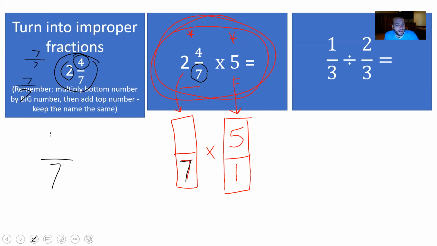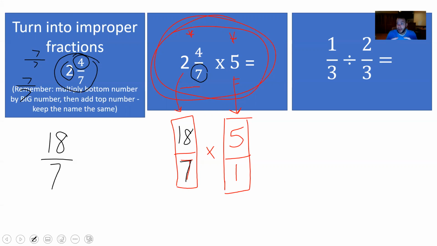So it's not 14, it's 18. So that's why on the first step, we figure out what 2 and 4 sevenths is, as if the entire thing was sevenths instead of having 2 wholes. So 18 sevenths is the same value, equal to 2 and 4 sevenths.